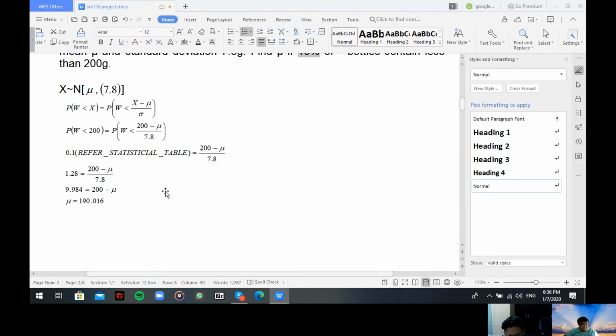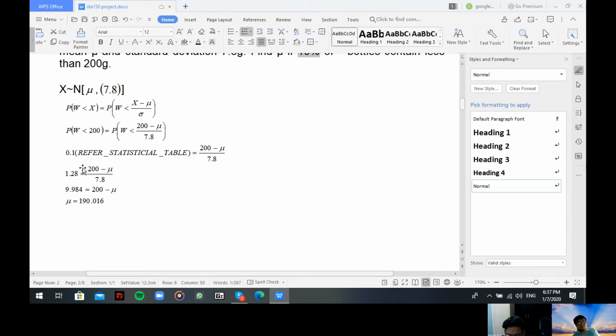If you look in the statistician's table, you can see the value of 0.1 at 1.28, which is 0.1003. So I pick that. I choose the 1.28.